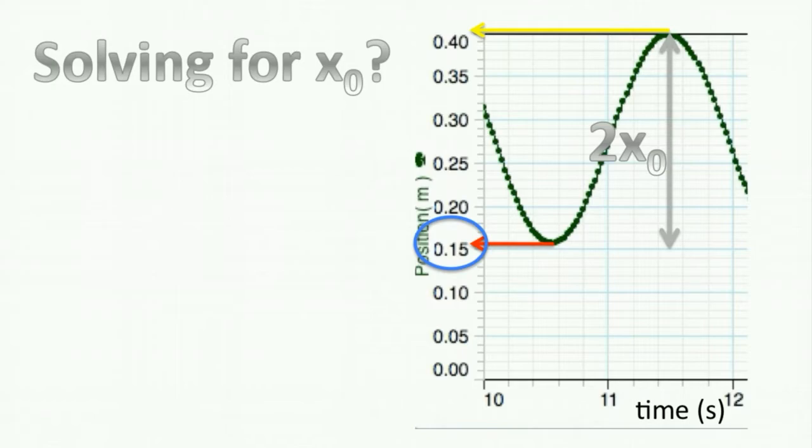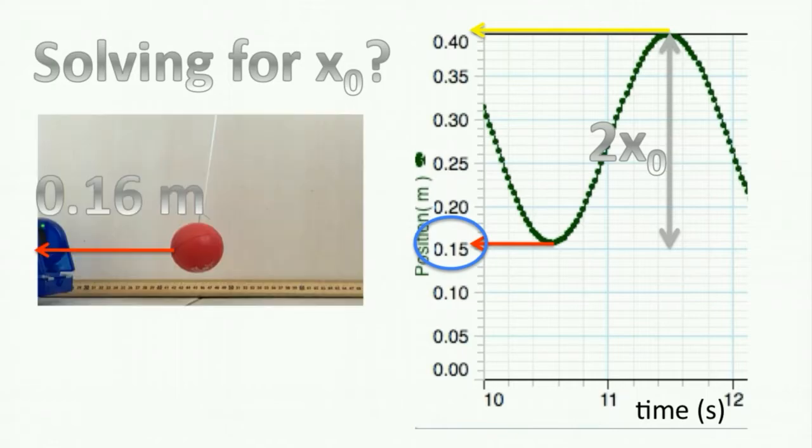That's this position here when it's 0.40 meters away from the sensor. And it seems to hit a point somewhere between 15 and 16 centimeters. We'll call it 16 centimeters. And so at that specific position, the pendulum is 0.16 meters away from the sensor.